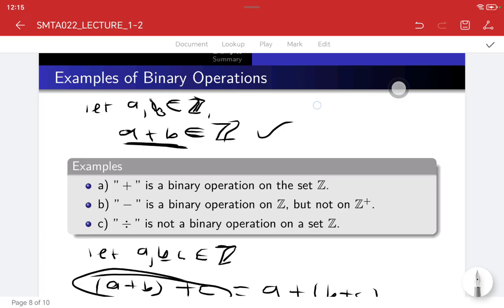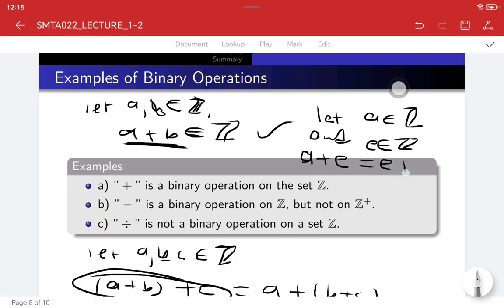With identity, let A be an element of Z. I can take E and start solving for E. If I take A plus E, which is equal to E plus A, which is equal to A, I can solve for E and find what E is.